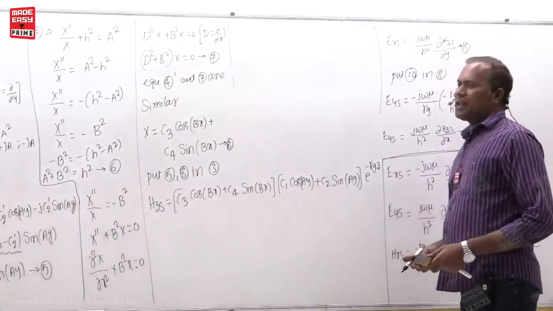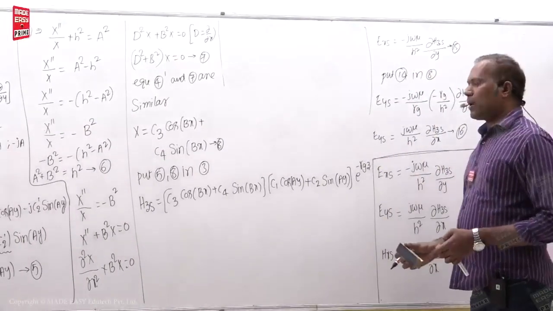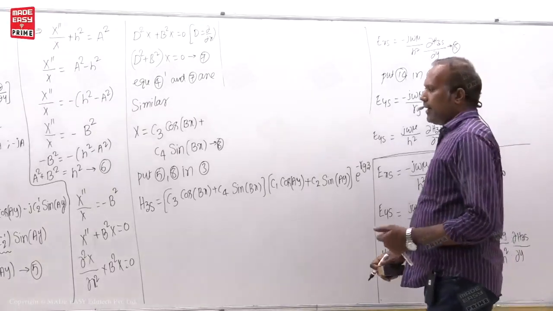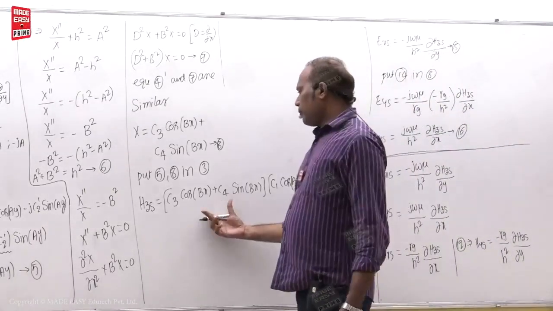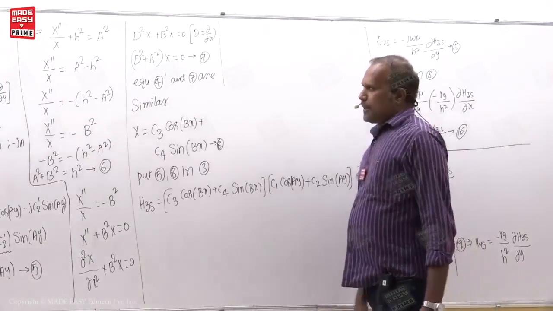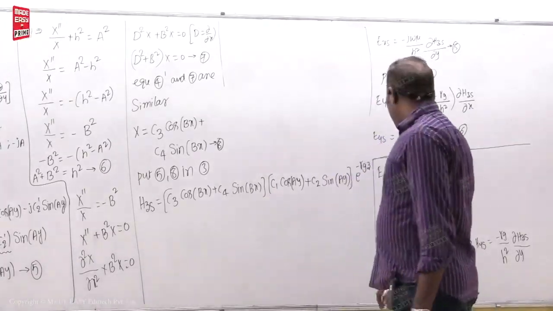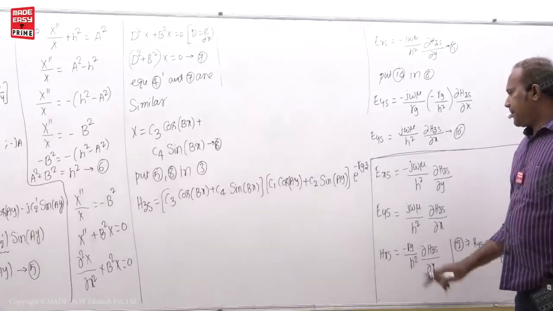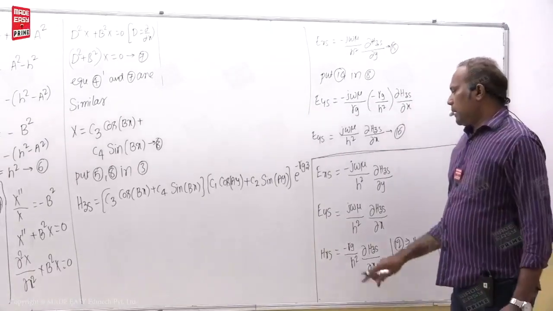If you substitute gamma g is equal to j beta g, then it is e power minus j beta g z. Anyway, this is the equation. Now you see here EXS, EYS.